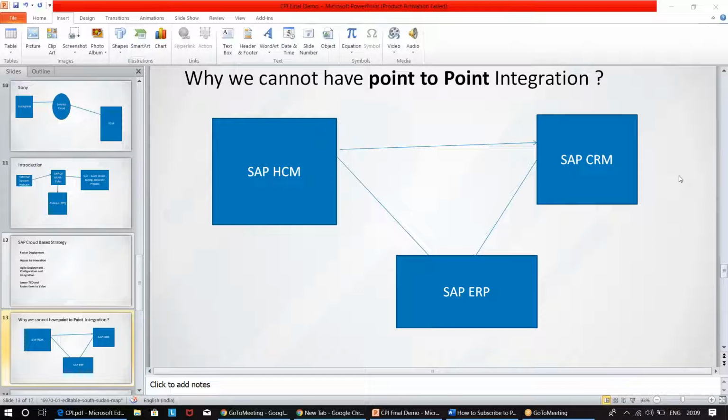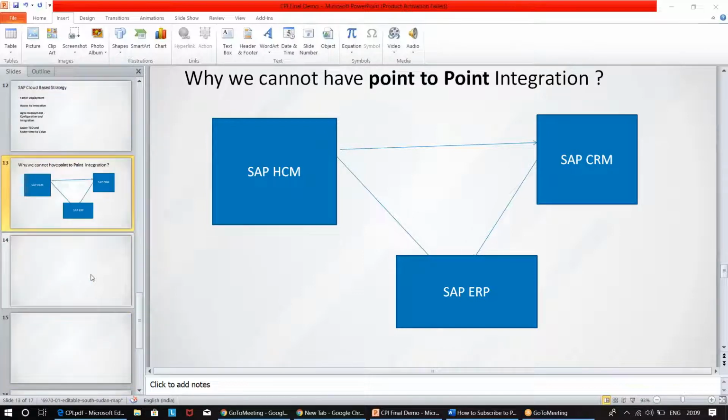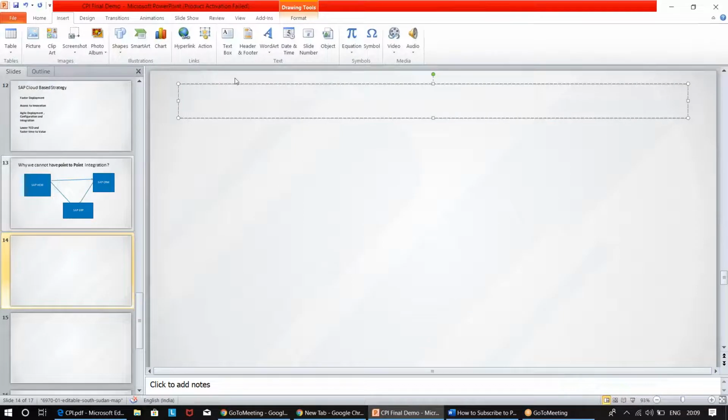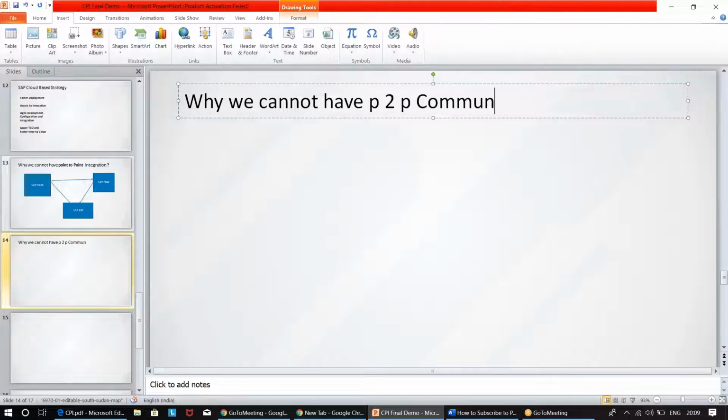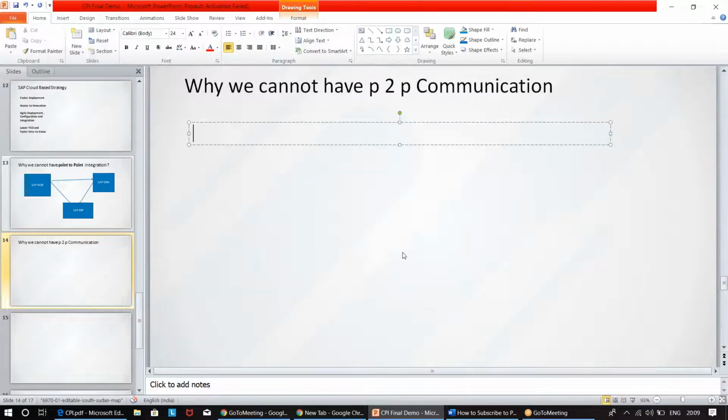So right now I see pretty much answers which say that point-to-point integration is not correct, or not feasible. So what are the different points I have? I will write it. There are some different points.